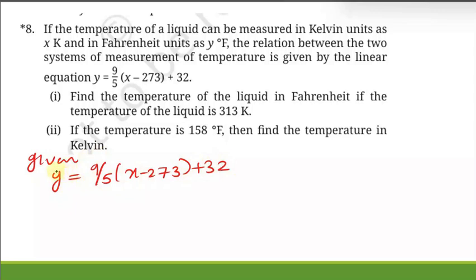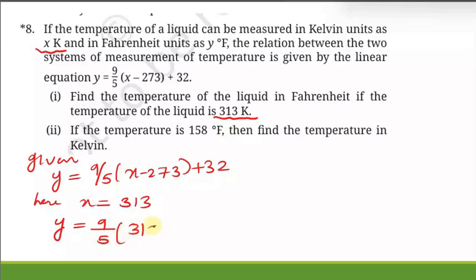We have derived the equation. We represent the Kelvin as x, so given it is 330 Kelvin, we have to find Fahrenheit, that is y itself. So you can write x is equal to how much? 330. So we will substitute the value. Y is equal to 9 by 5 into 330 minus 273 plus 32.